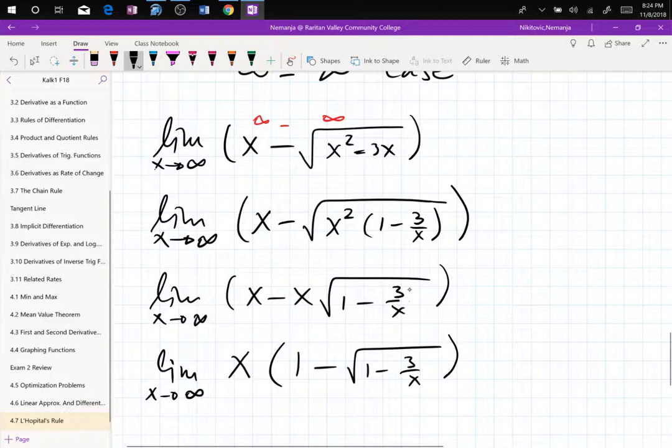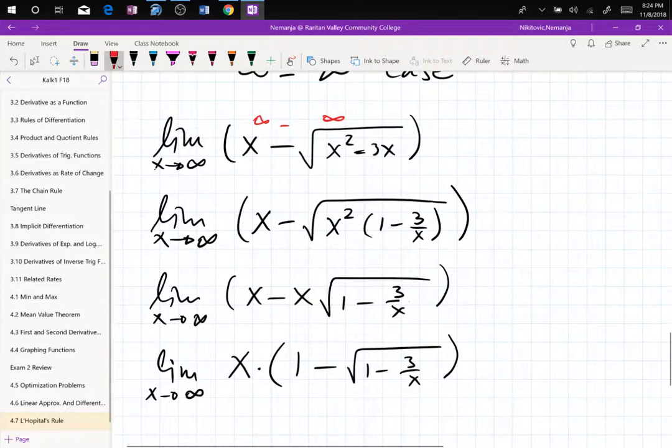Now you wonder, what is this? Because you factored, now you have multiplication. What do you need in order for the problem to work? You need 0 times infinity, right? Because then you can use the trick. So is this 0 times infinity? Well, of course it is.